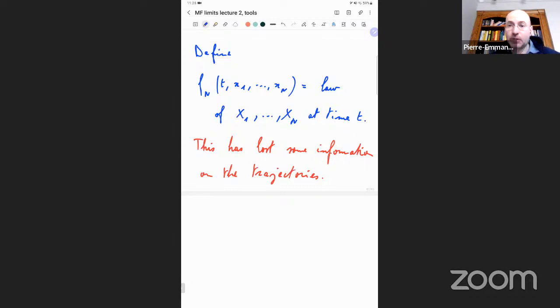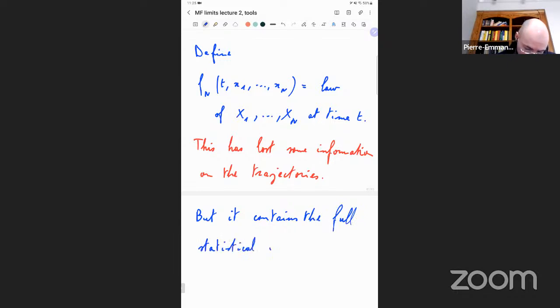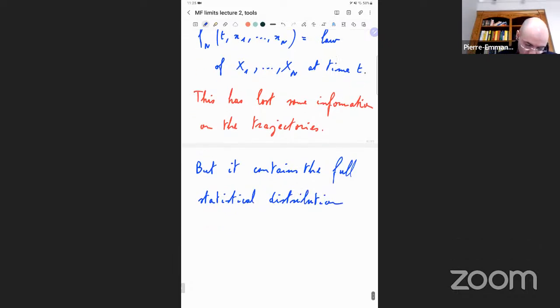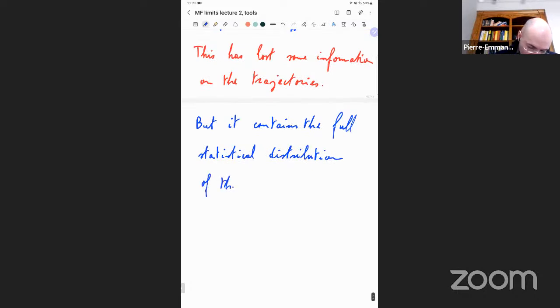This contains the full statistical distribution of the system. And formally, it solves a linear PDE.